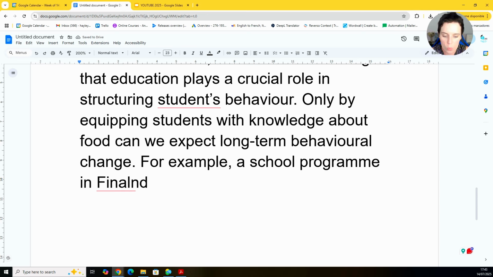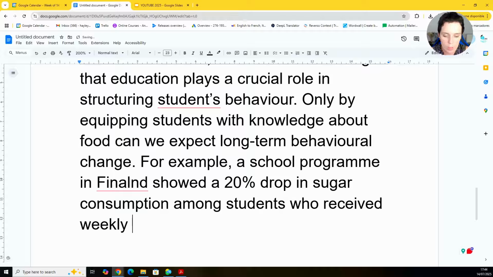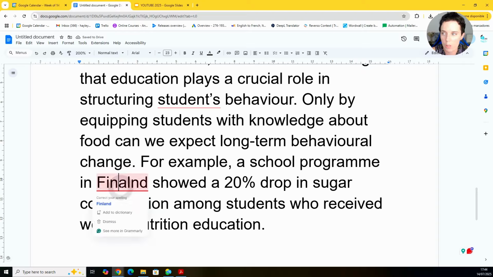Let's say it showed like a drop in eating sugar or something. Showed a drop, let's say 20% drop in sugar consumption among students who received weekly nutrition education. Okay, so we've supported our point there, okay?